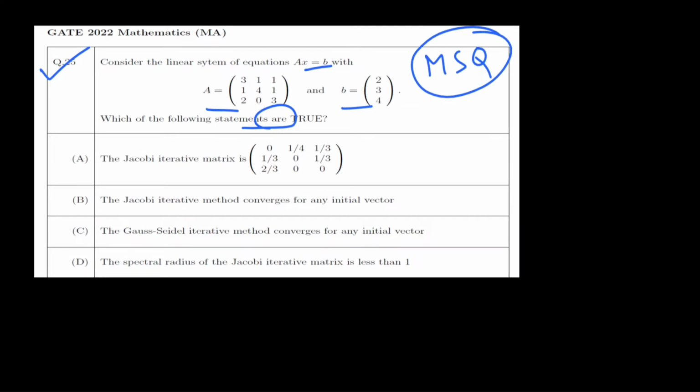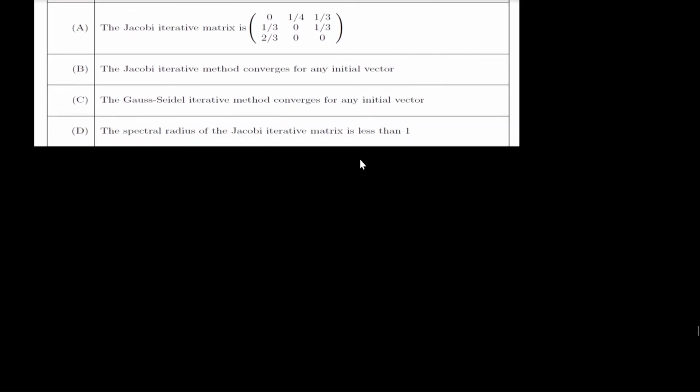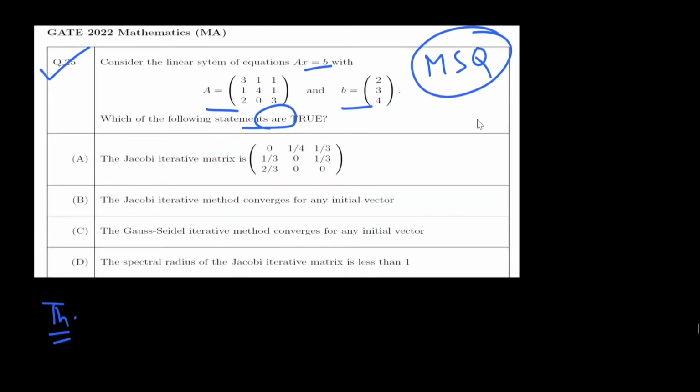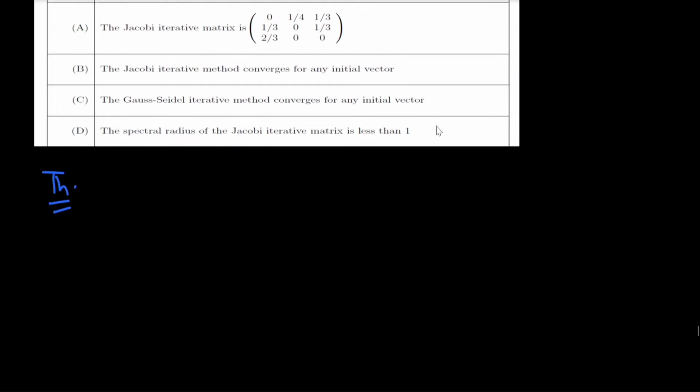To solve this question, it is clearly a theorem based or result based question. So theorem number 1, to solve this question I refer you to the book Numerical Analysis by Jain and Iyengar.